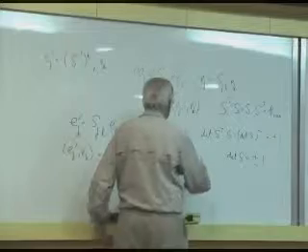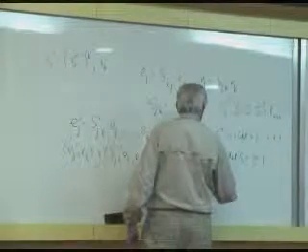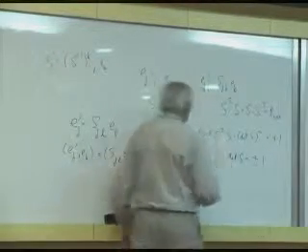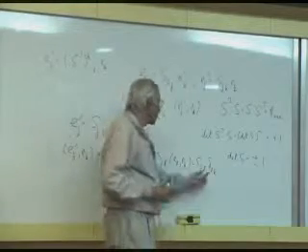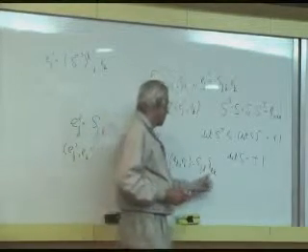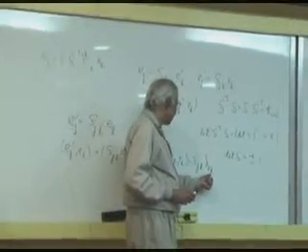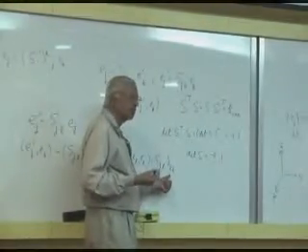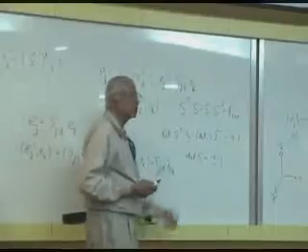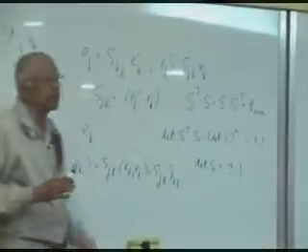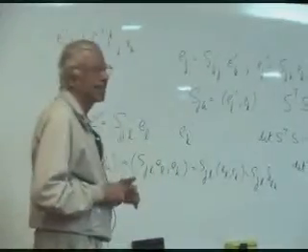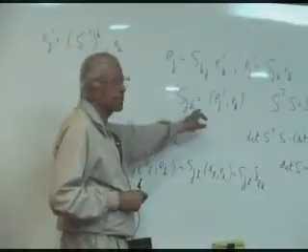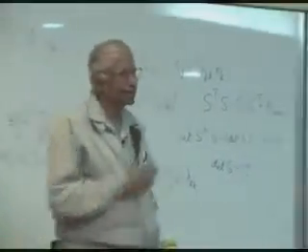So this is S_JL delta_LK, and L is summed over, but this Kronecker delta is non-zero only if the indices have the same value. So what does this become? Yes, S_JK. So this becomes S_JK. So that is this. Okay?